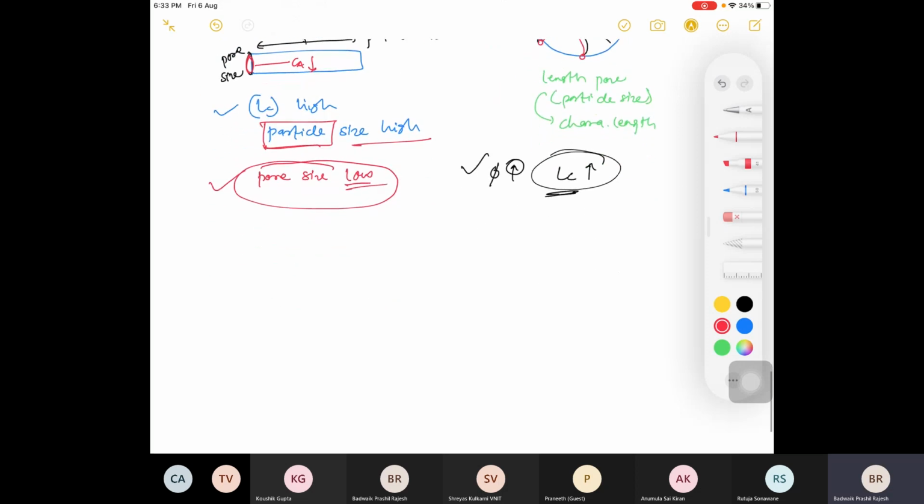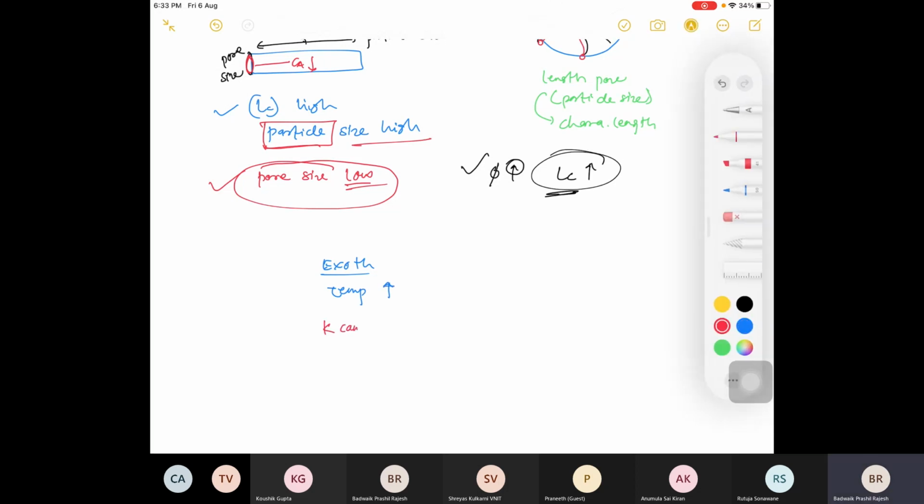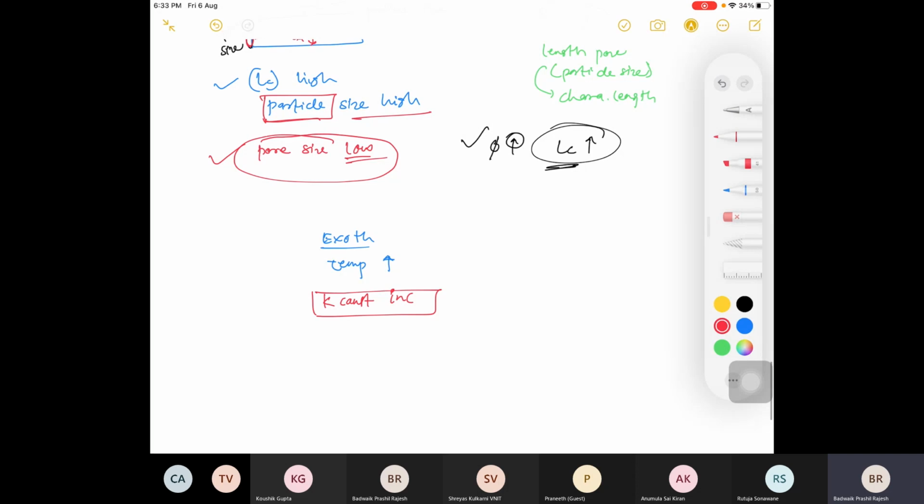Okay, so for an exothermic reaction, I told you temperature will increase, and that's why your rate constant will increase. Rate constant will increase. That means you will have high effectiveness. Effectiveness will be high.